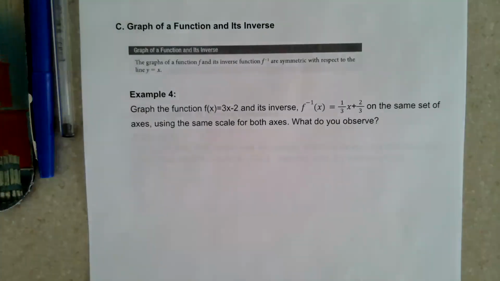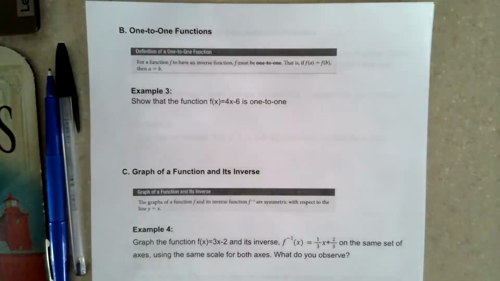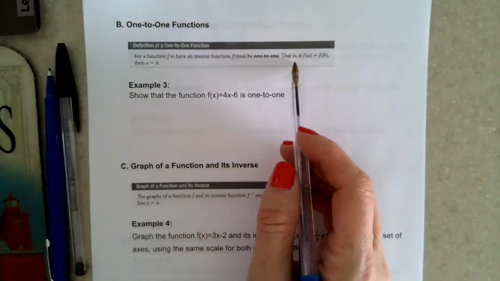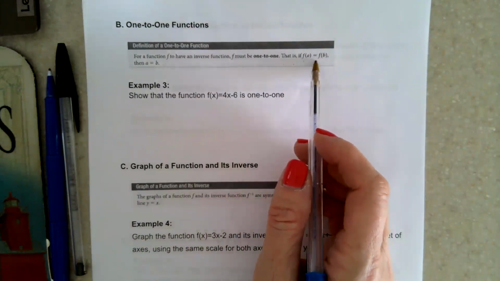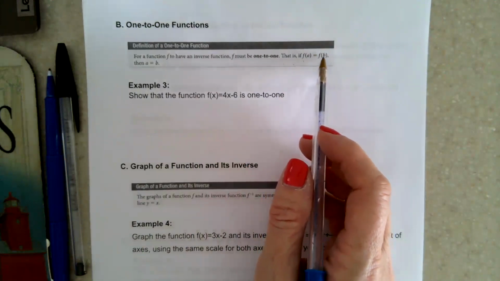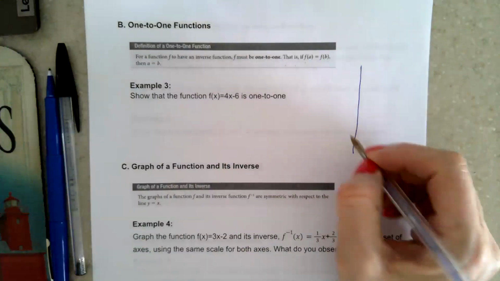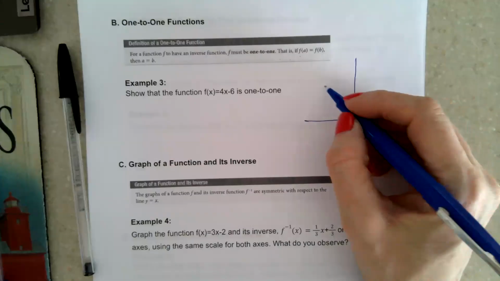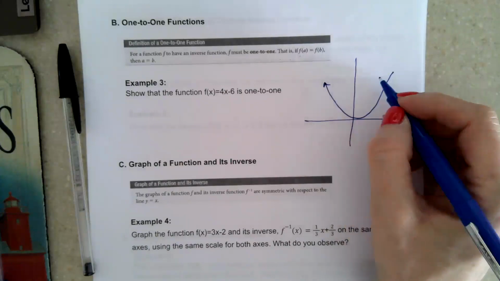Okay. Now, one-to-one functions. For a function f to have an inverse function, f must be a one-to-one function. So that means that every a that goes into f has an exact f of b. So before, let's say we have a quadratic here of some sort, okay?